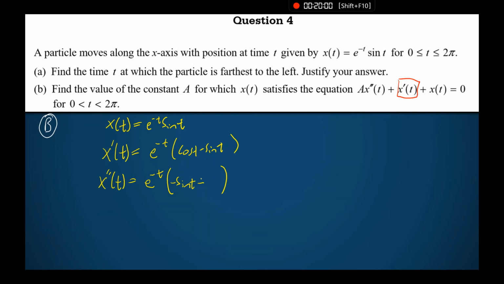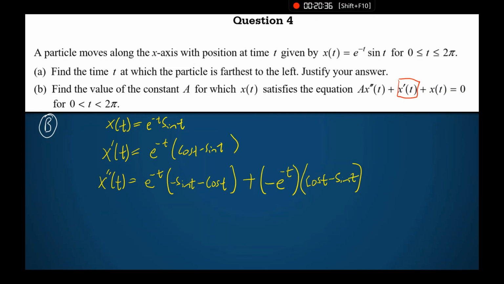If I derive sine, I get cosine. So if I derive negative sine, I should get negative cosine. Okay, and then product rule. So plus what? Negative e to the negative t power times cosine t minus sine t. Perfect.